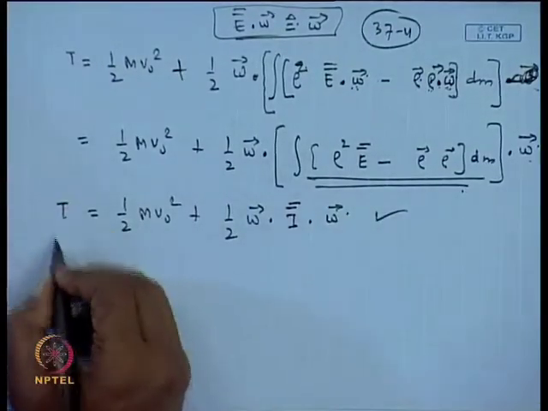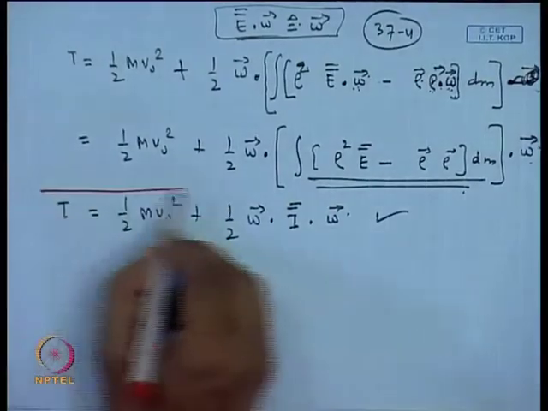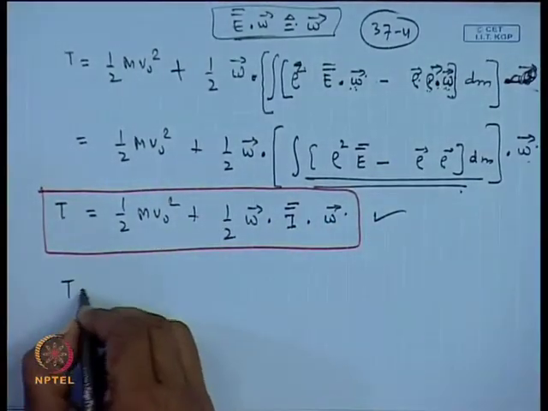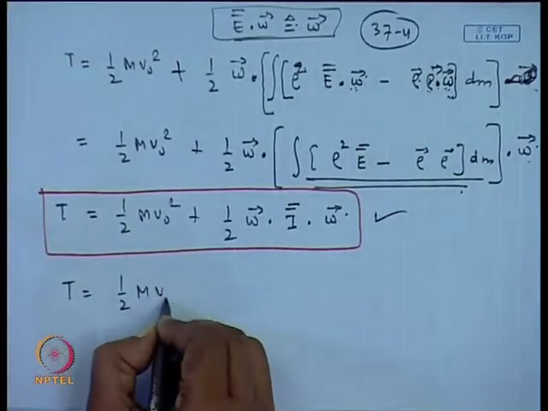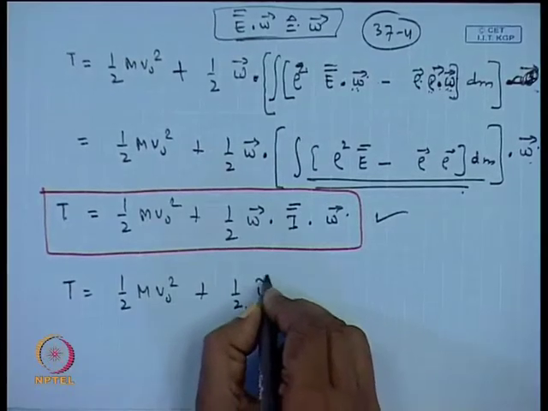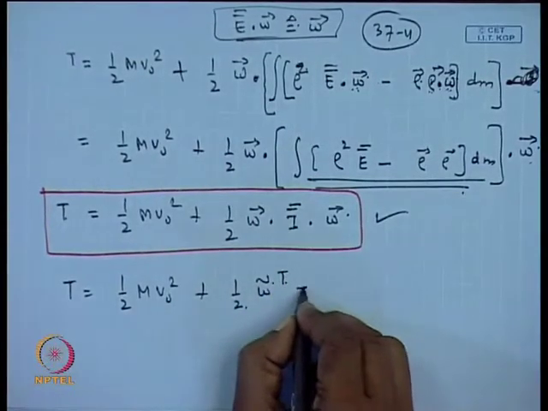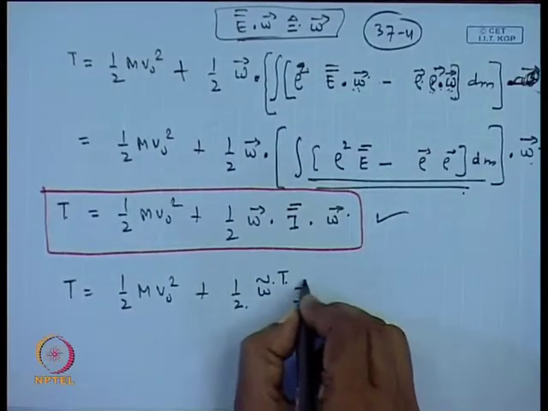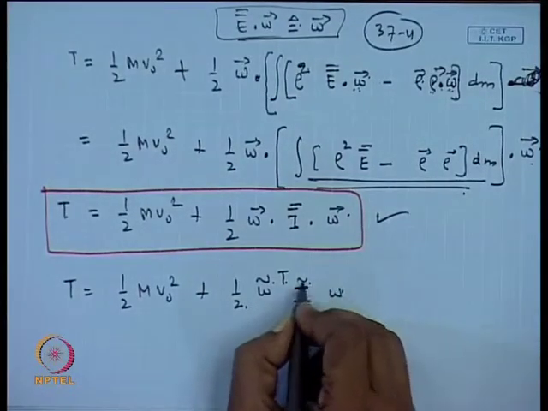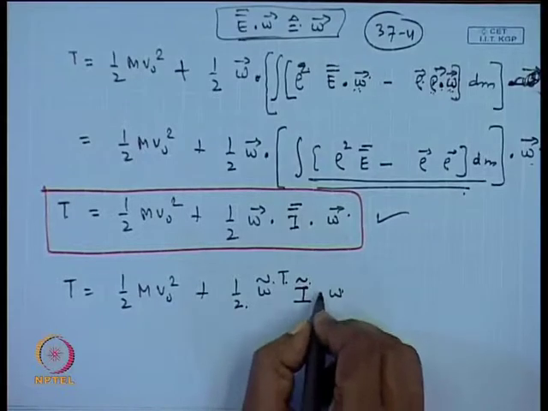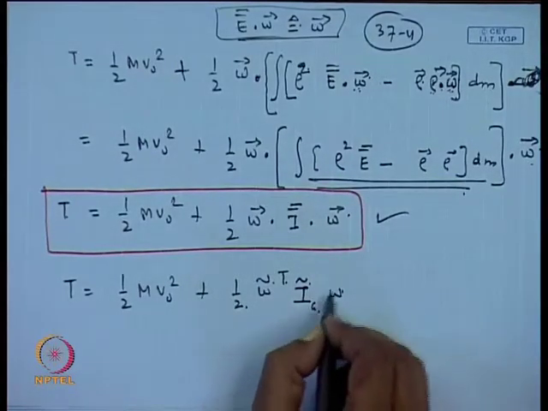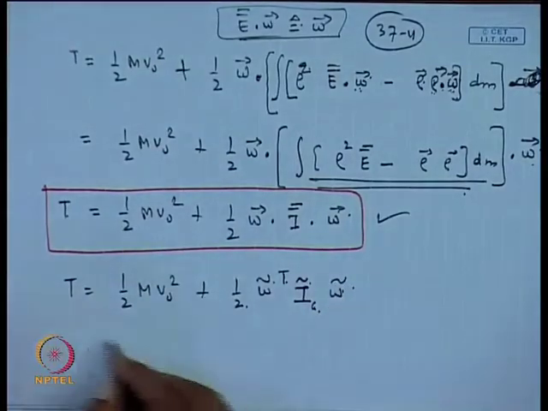So, this gives us the equation for the kinetic energy, and the same thing if you try to write in the matrix notation, this will change to omega tilde transpose I tilde, and I tilde is indicating the inertia matrix, or either we can put G to indicate that this is inertia matrix times omega tilde.